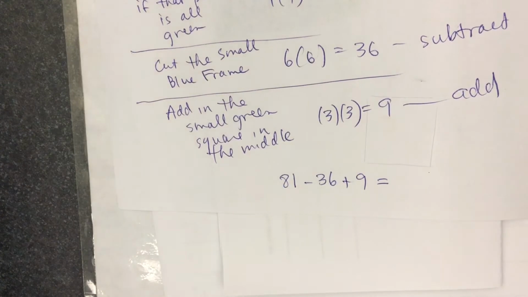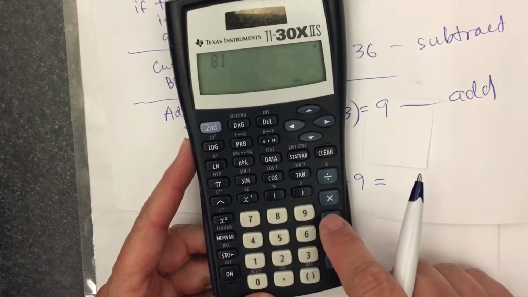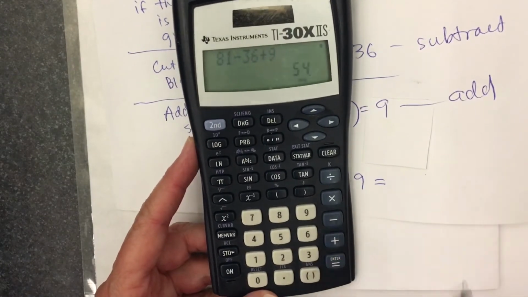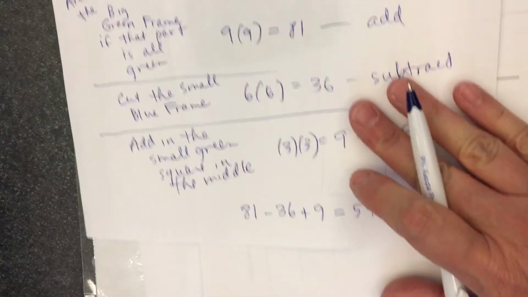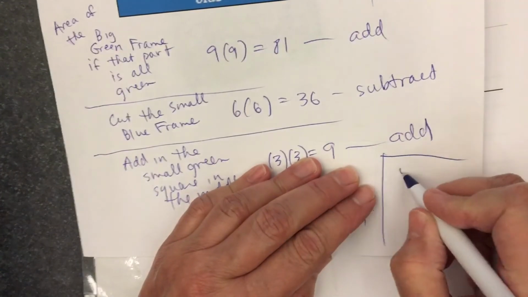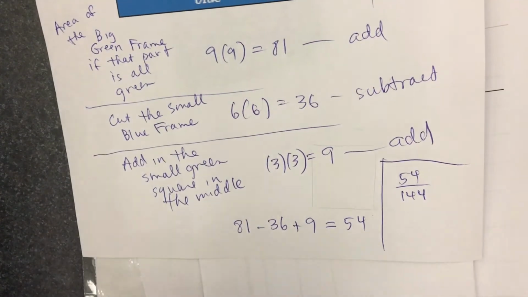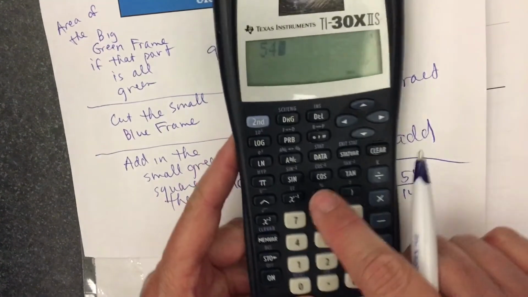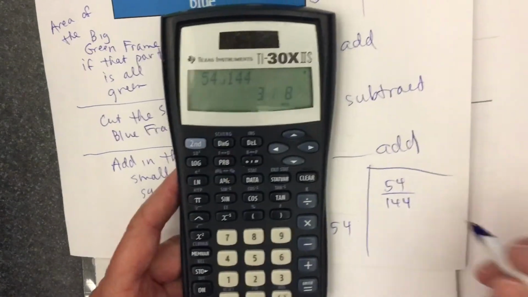And so 81 minus 36 plus 9 is what? Let's see, I had to grab my calculator. 81 minus 36 plus 9, 54. So the probability that it lands on the green region is going to be 54 over 144. And use your calculator to reduce that. 54 fraction key 144 is 3 over 8.